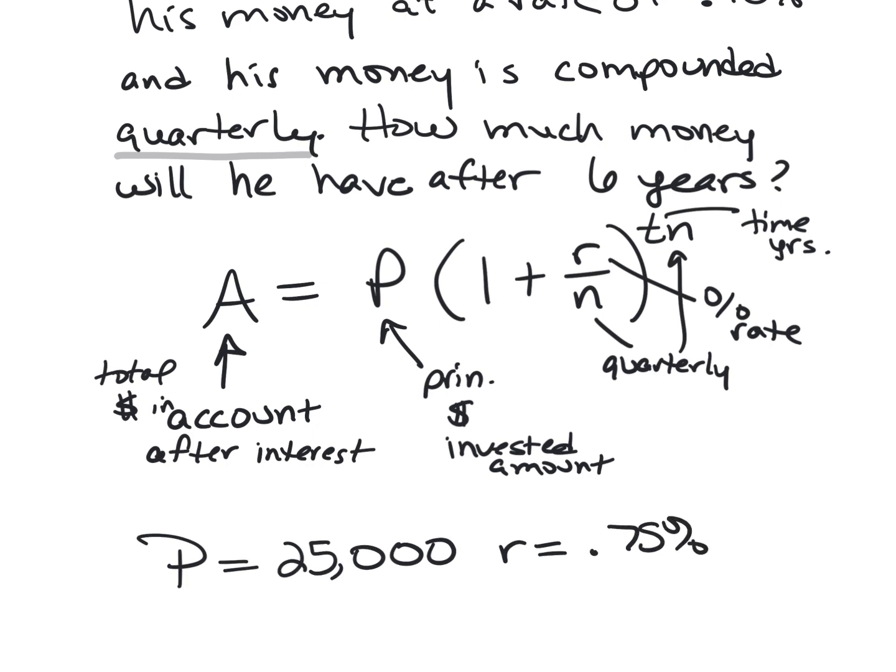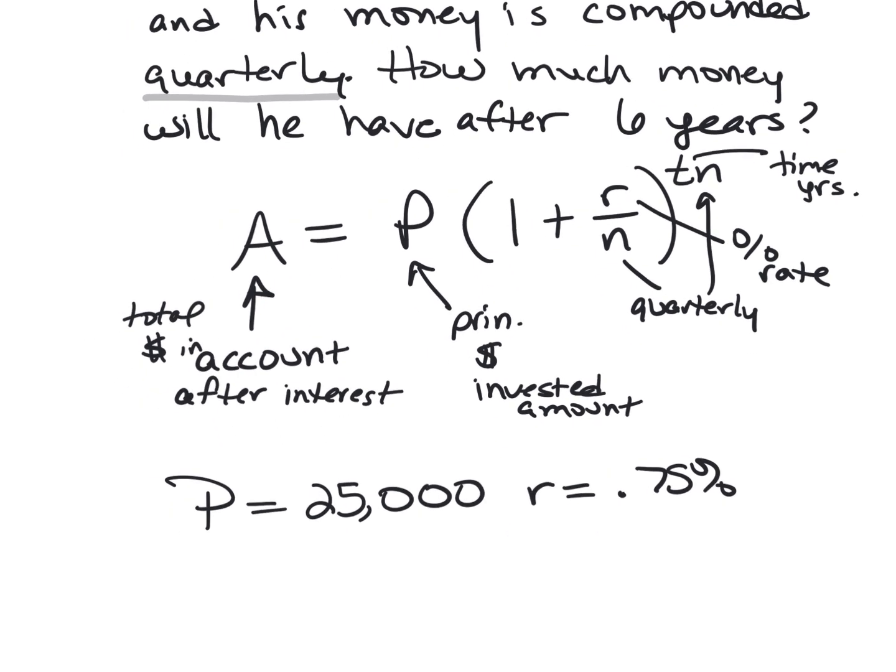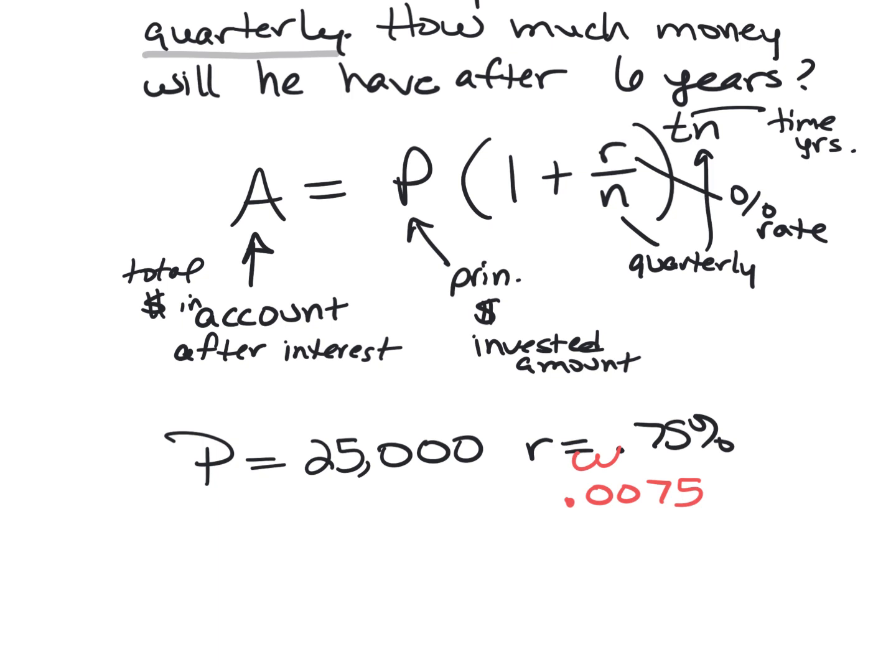Remember, when you use it in the formula, you need to convert this to a decimal. So I need to move this 2 times to the left. So the rate that I'm going to be using on the problem is 0.0075. My N value, that's the quarterly, that's the 4. And the time in this problem is 6 years.